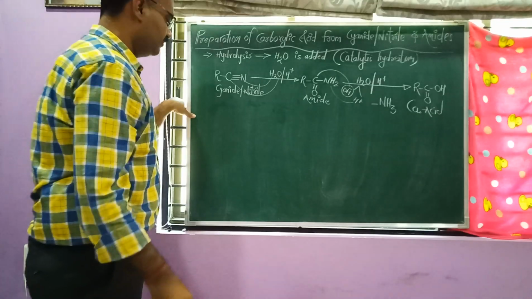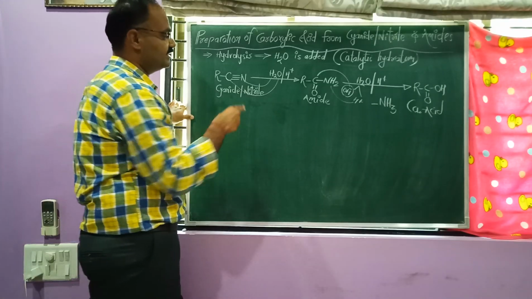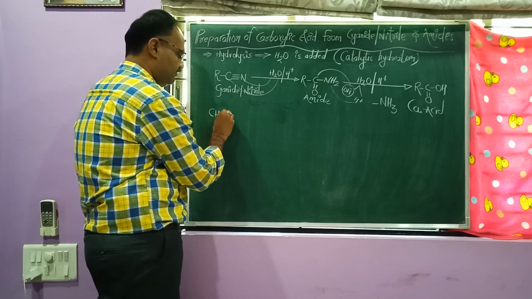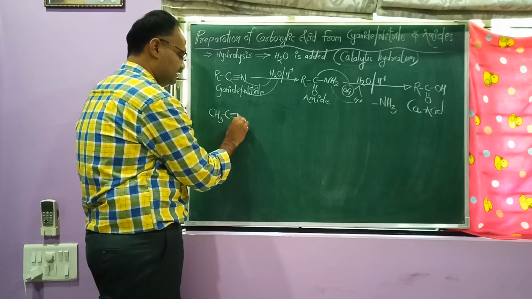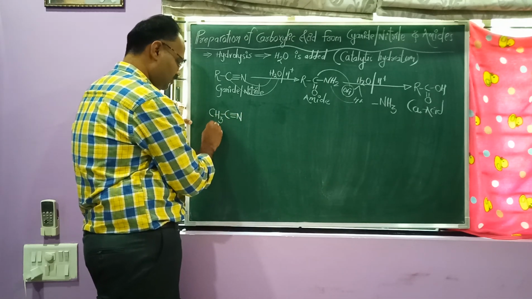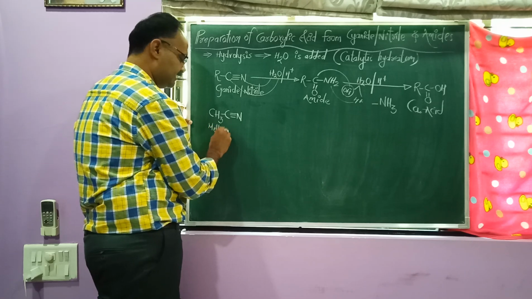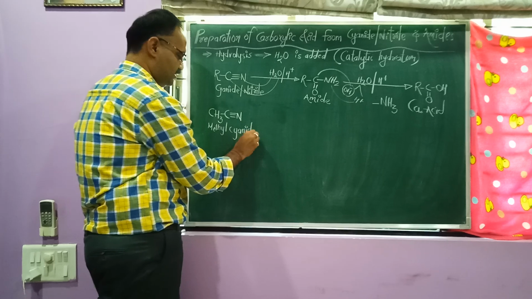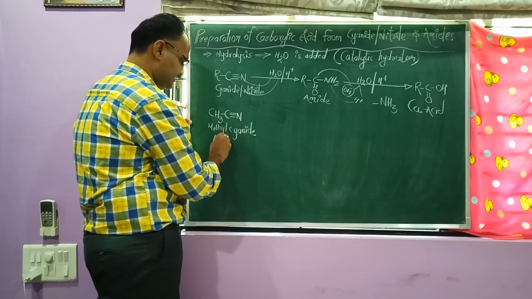We consider two examples for understanding of this conversion. One example is CH3CN. Common name is methyl cyanide. IUPAC name is ethane nitrile.